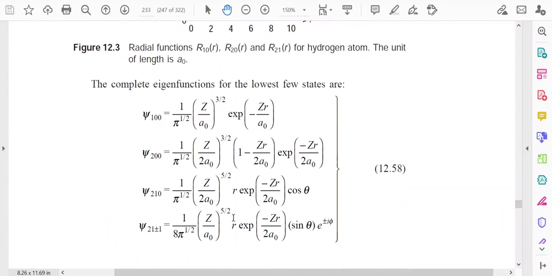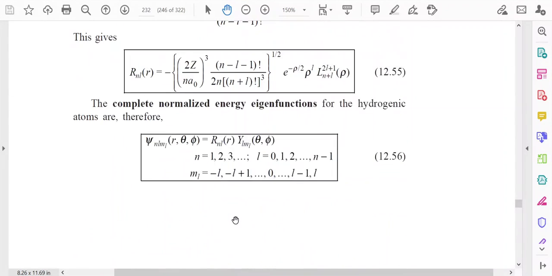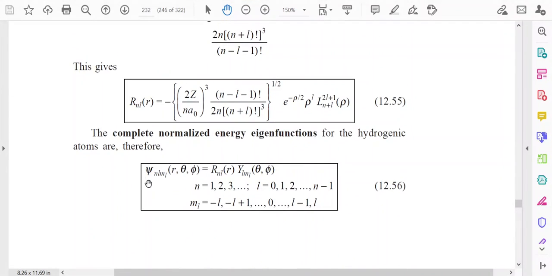We have discussed how to solve the Schrodinger equation for the hydrogenic atom, and we have established the complete expression of the eigenfunction psi_nlm(r, theta, phi), where R_nl is given by this one, and the expression of Y_lm(theta, phi) we have already discussed in our lecture on orbital angular momentum.